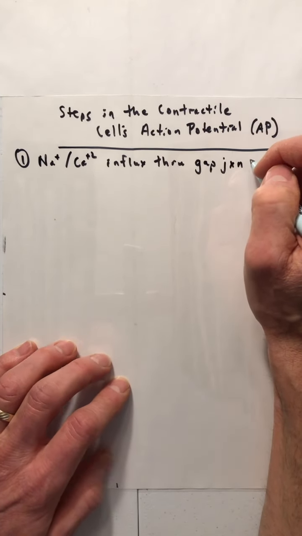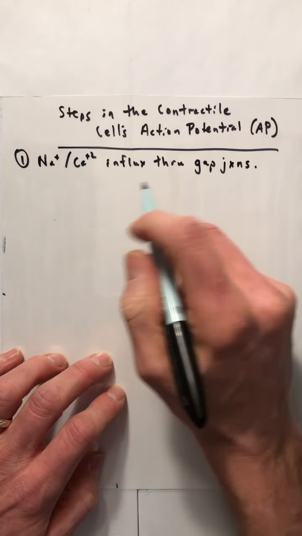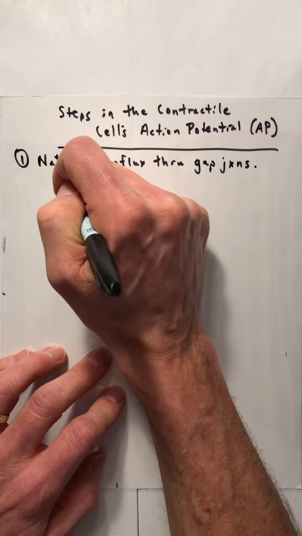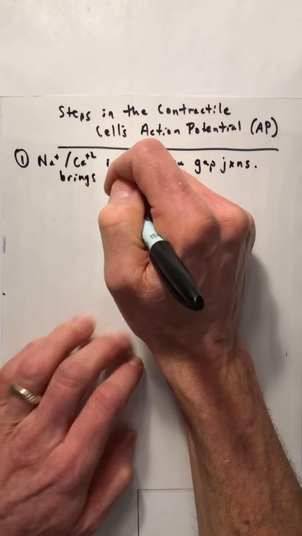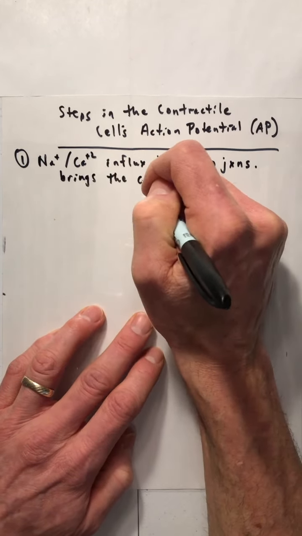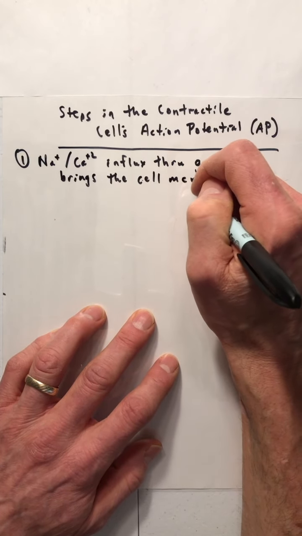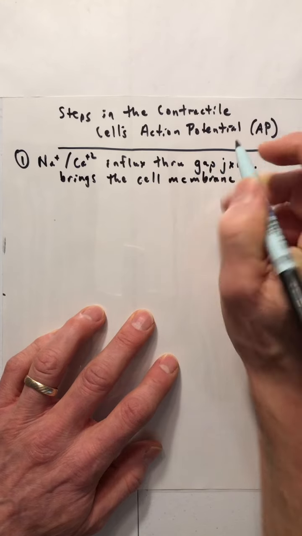JXN is my shorthand for junctions. So sodium and calcium ion influx through gap junctions brings the cell membrane potential from minus 90 to minus 70 millivolts.